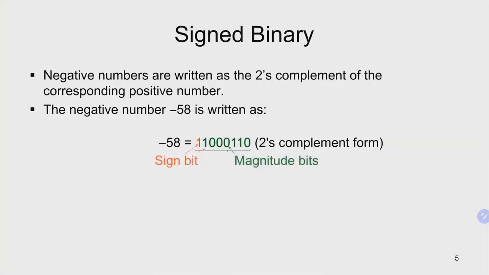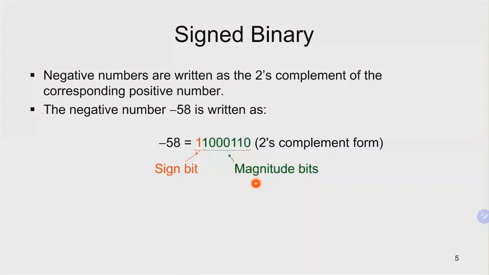The two's complement itself is used as a signed binary number. So for example, if we have a negative 58, we can use a two's complement number to represent the negative number. We use the most significant bit. In this case it is 8 bits, so the 8th bit is used as a sign bit, and the 7 bits are used as the magnitude.